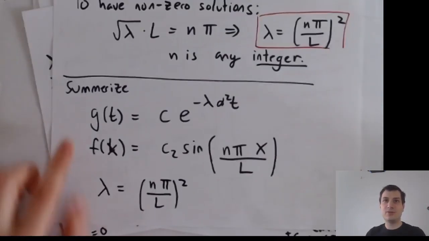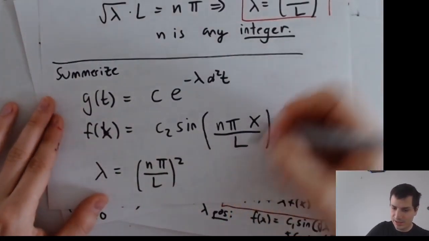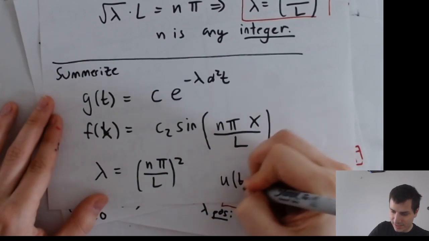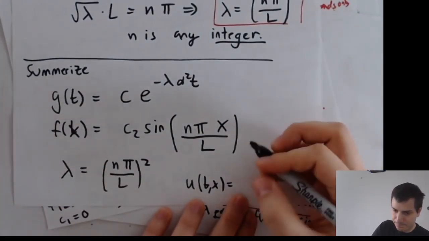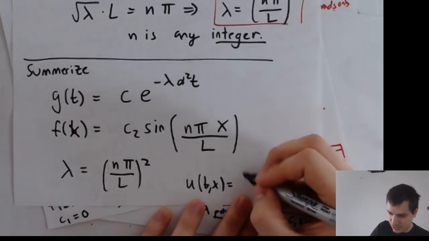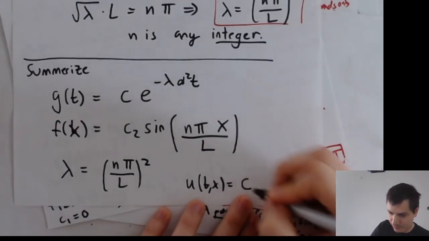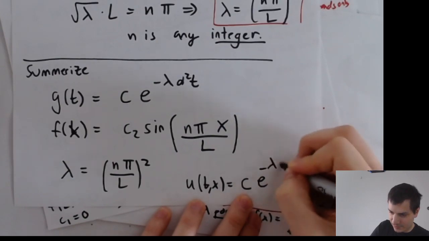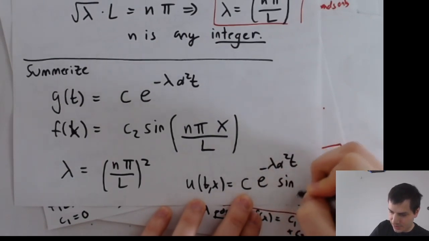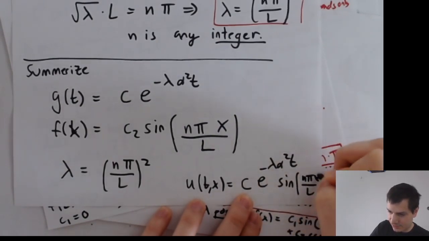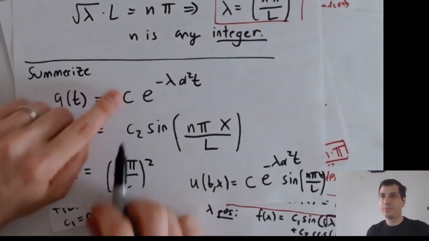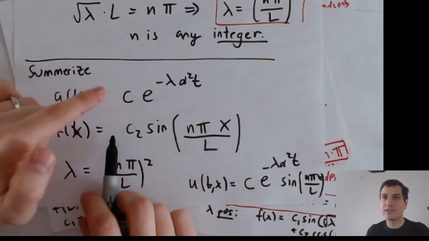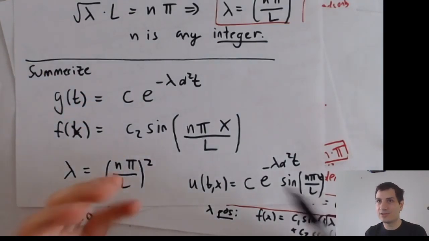So these are the three ingredients, and the solution is the product. U of t, x is the product. If you multiply it all out, let's just write f times g. C e to the minus lambda alpha squared t times the sine of n pi x over L. Let's write it like that. There's two constants here, C and C2, but they're arbitrary constants, so if you multiply them together, you can still call that an arbitrary constant.